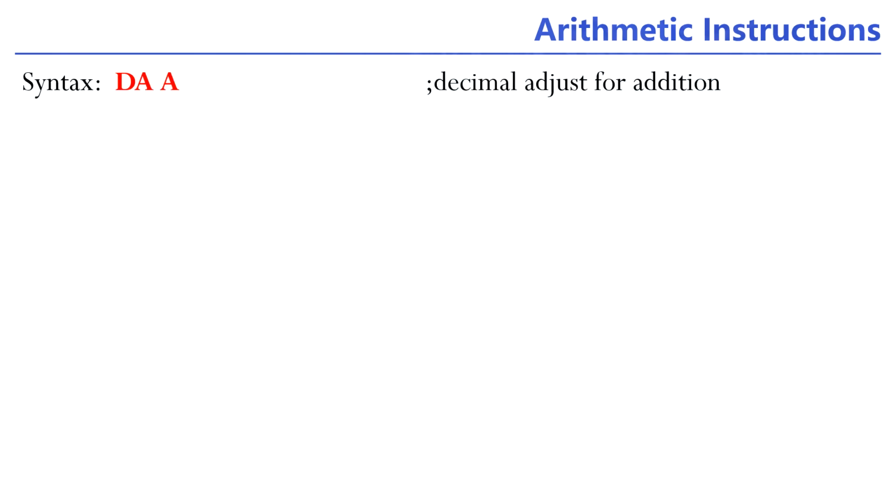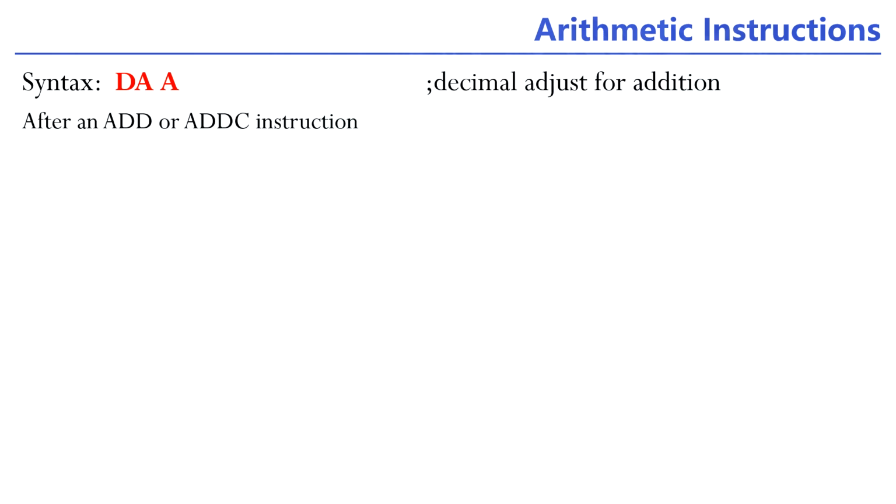In a similar way, we will see here the decimal adjustment of the accumulator. This instruction is beneficial for BCD numbers.